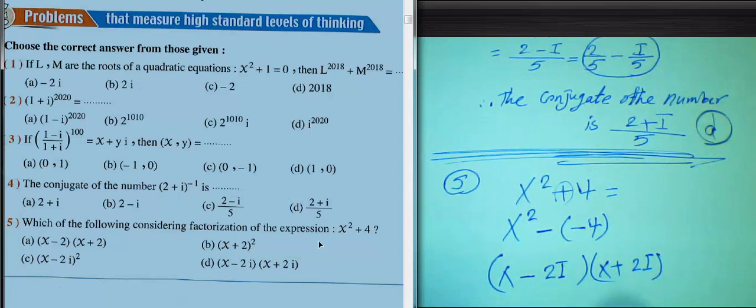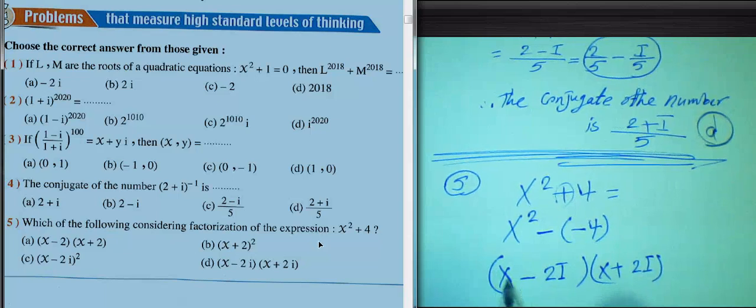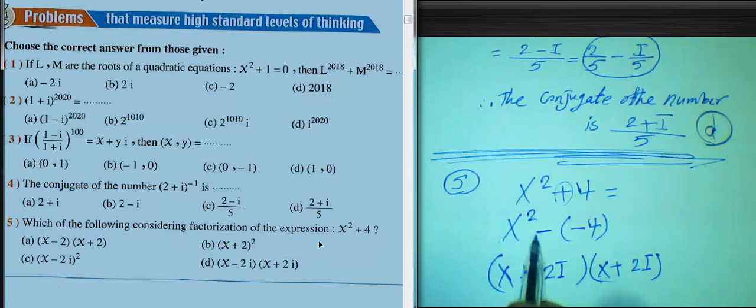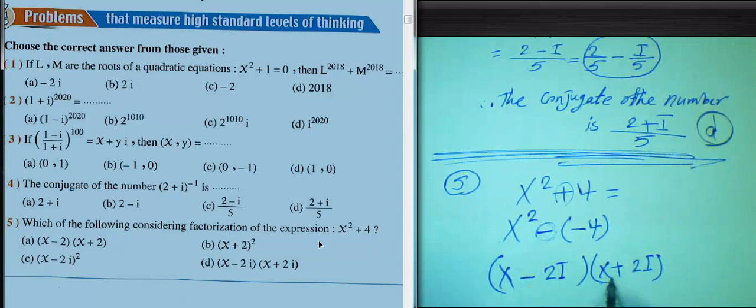So if you want to factorize this expression, you must convert positive to negative and write negative 4 in parentheses, and then you can distribute. x power 2 equal x times x, negative multiplication by negative and positive, and negative 4 equal what?